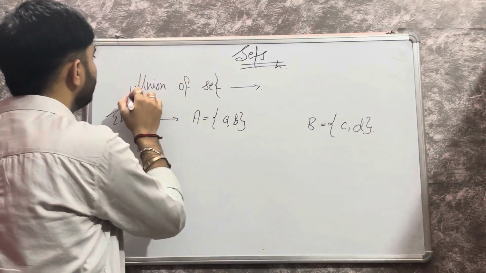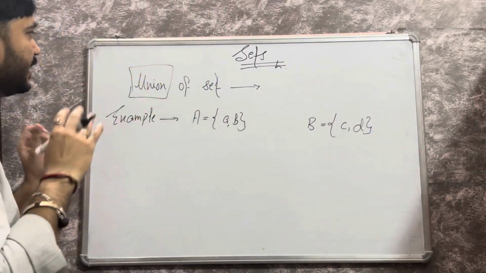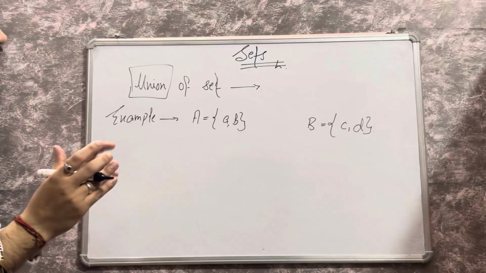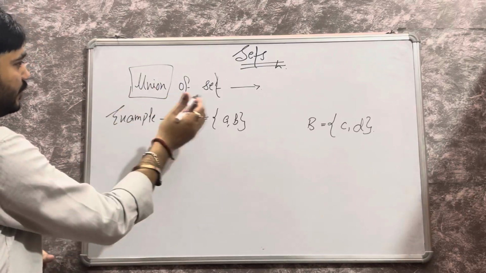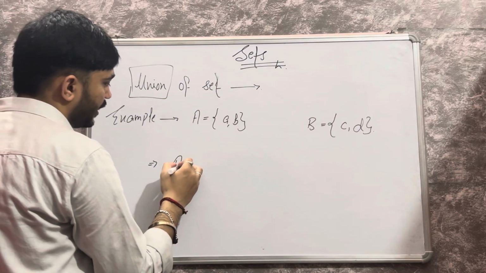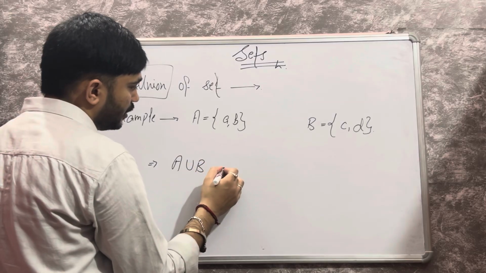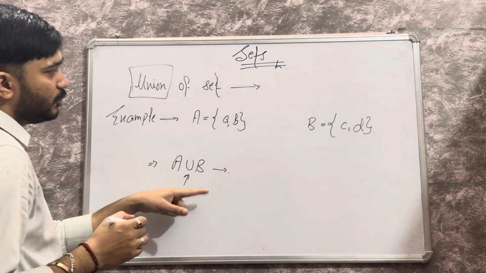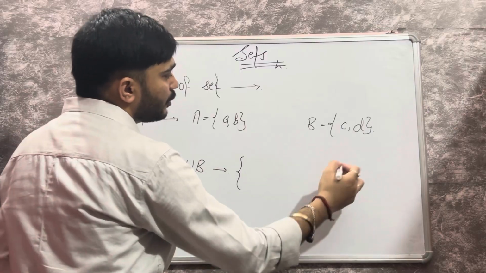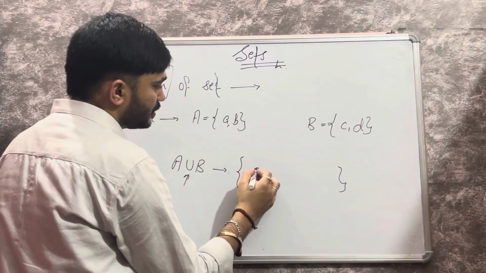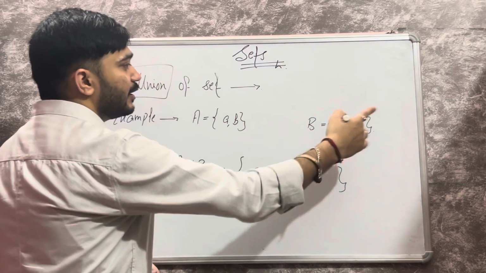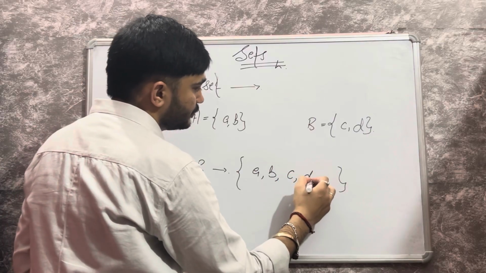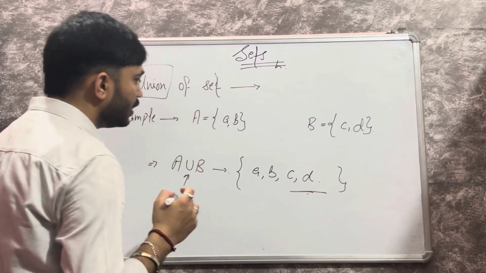What is the meaning of union? Union means collecting two different groups and making one. So we are going to write A union B. Union is represented by this symbol U. A union B should be: write all the elements of A first, a comma b, then write all the elements of B. This is the union.